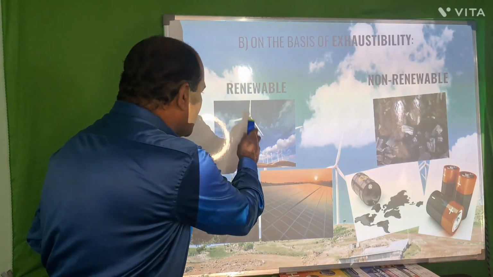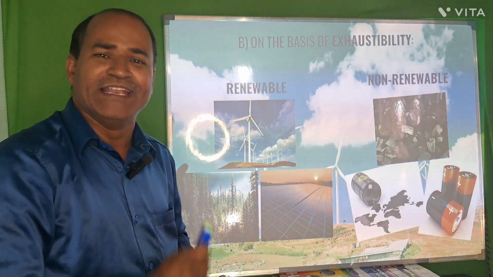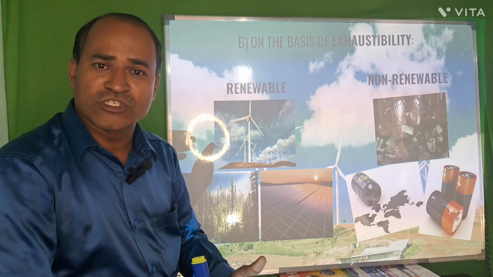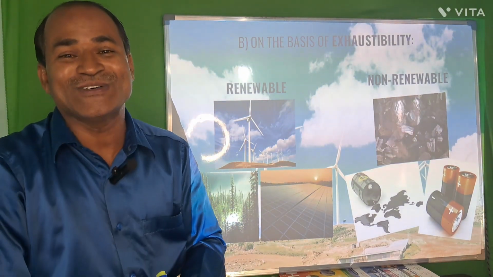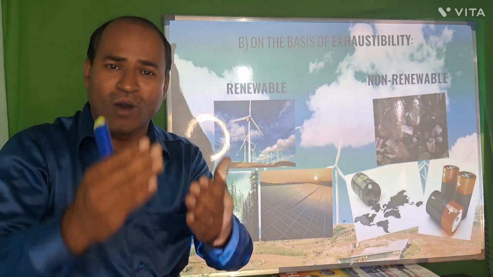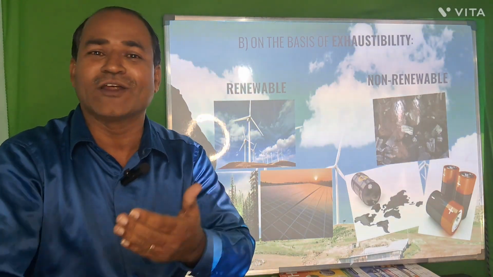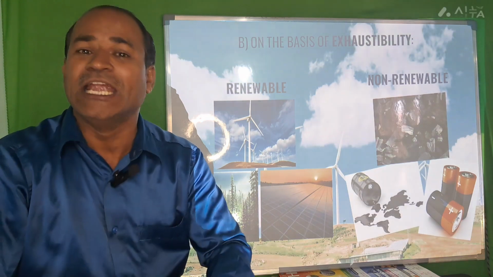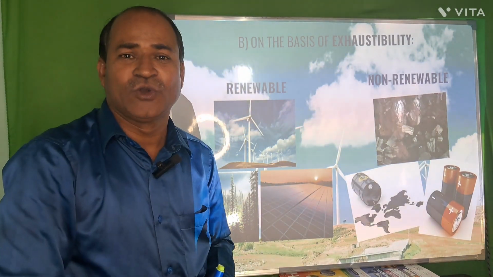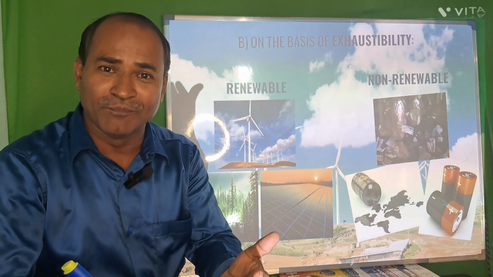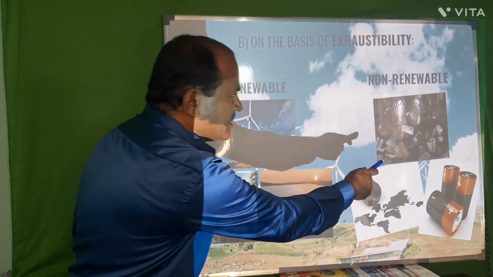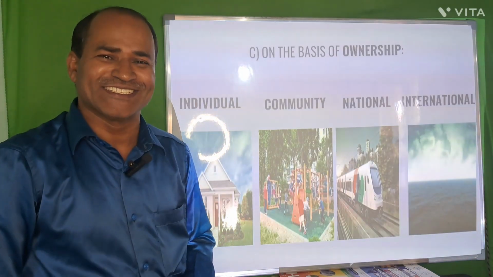For example, solar energy, wind energy, forest, and water resources are renewable resources. What do you mean by non-renewable resources? Once used, they cannot be used again and again. They will be exhausted. For example, minerals, coal, petroleum, and many more. So you can identify some important objects which are non-renewable resources.